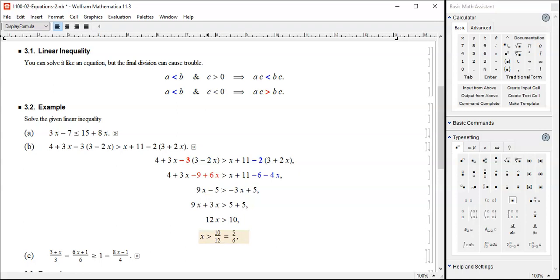That's okay, but I like inequalities in standard form. Smaller numbers to the left, larger numbers to the right. So this form here and that form here are equivalent, but I like the second form a little bit better because I can readily translate into interval notation, because everything is less than infinity.